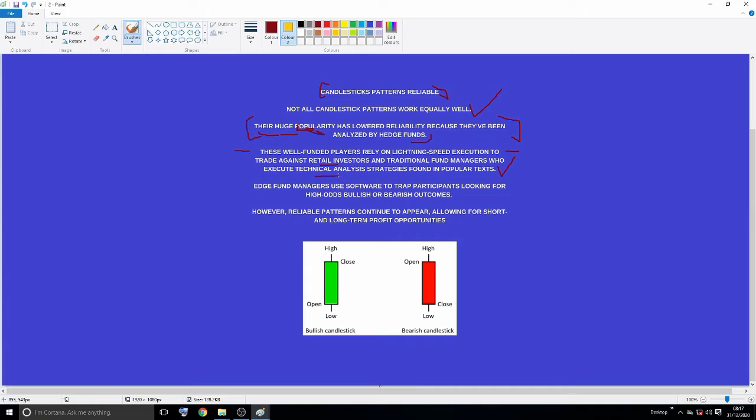They know we are looking for this candlestick, this level, and they can manipulate and push the market to the opposite direction of that pattern. So hedge fund managers use software to trap participants looking for high odds bullish or bearish outcomes.